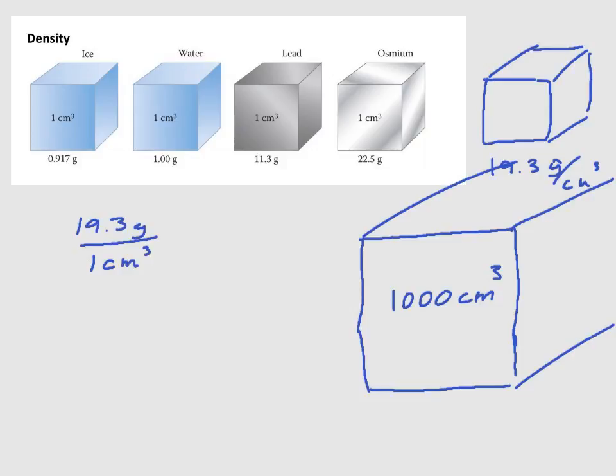If I had 1,000 cubic centimeters of gold, it would be 1,000 times heavier, so 19,300 grams. If you did the math and divided it, you'd go right back to the original, because if the block gets bigger, the sample gets heavier by the same proportional amount.